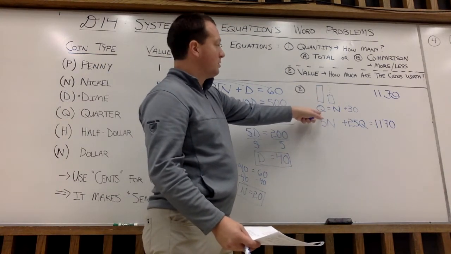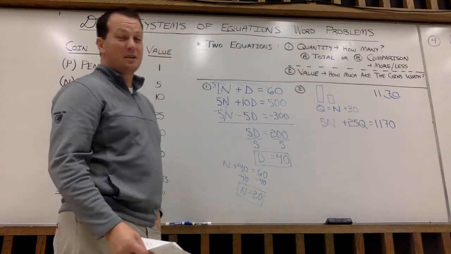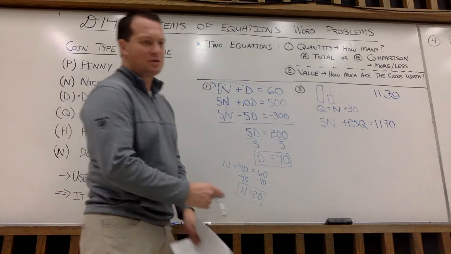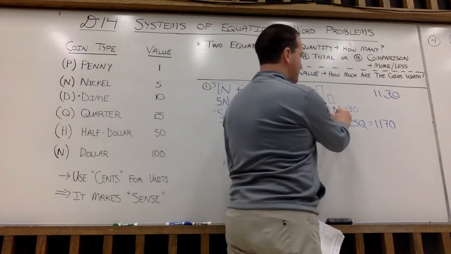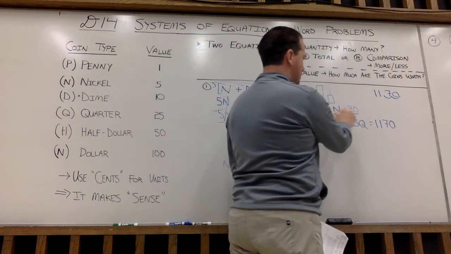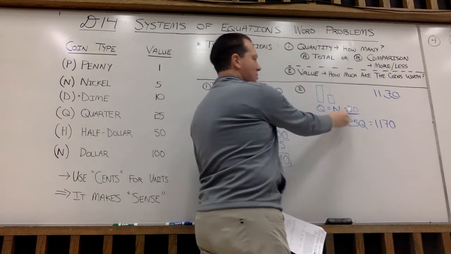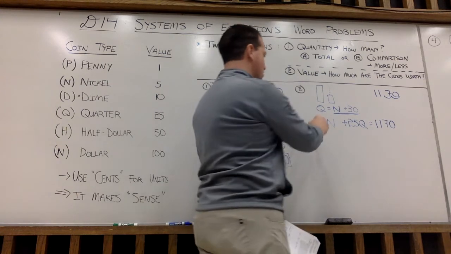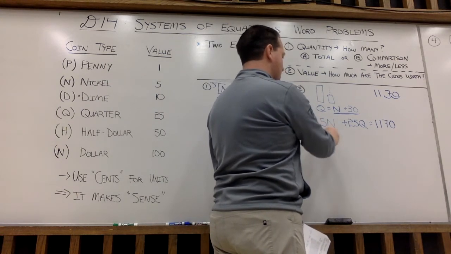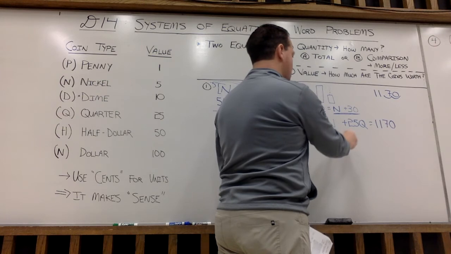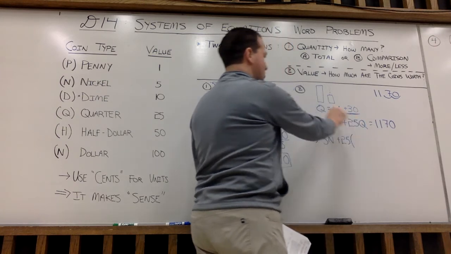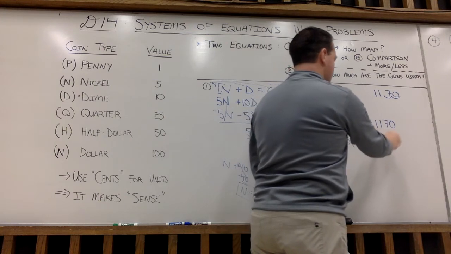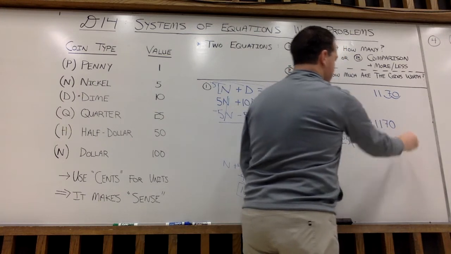So when I have a comparison equation, one of my variables is going to be isolated. It's going to be that single and positive that we talked about when we discussed substitution. So when I have a comparison, I like to use substitution. So in this case, I'm going to take n plus 30, pick it up, and put it in place of q in equation 2. So my new equation, 5n plus 25 times q, which is equal to n plus 30, will equal 1,170.